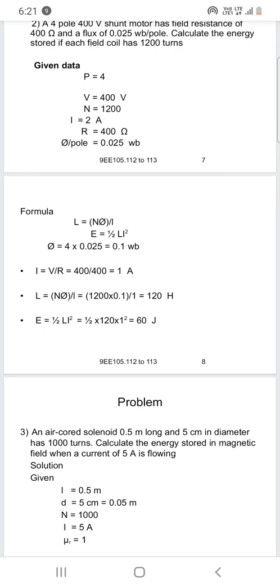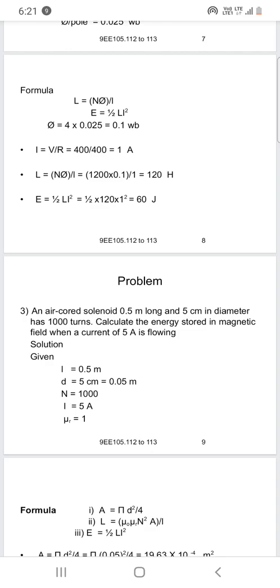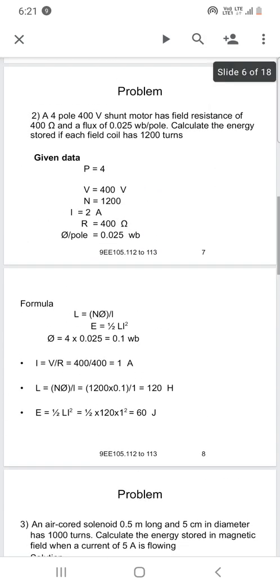Now we calculate the I value and L value. Then we get the energy stored in the magnetic field, E equal to half L I square, so half into 120 into 1 square equal to 60 joules. This is the energy stored in the magnetic field of the DC shunt motor.